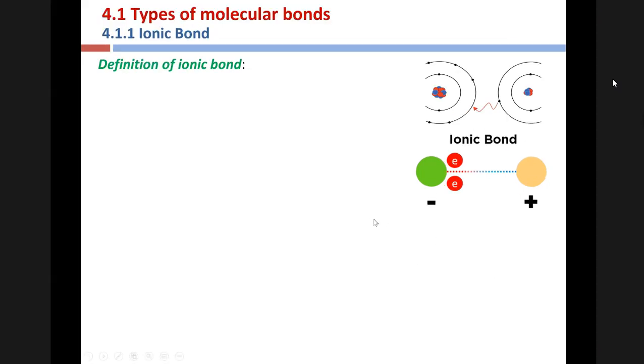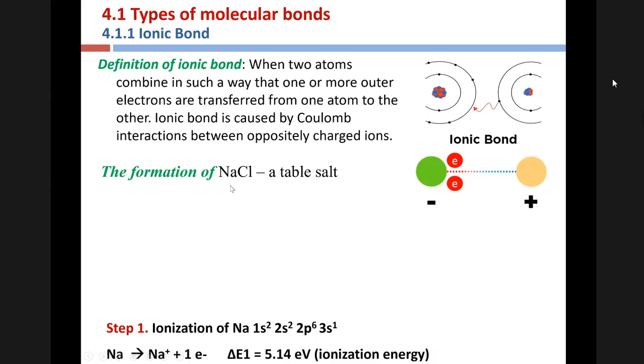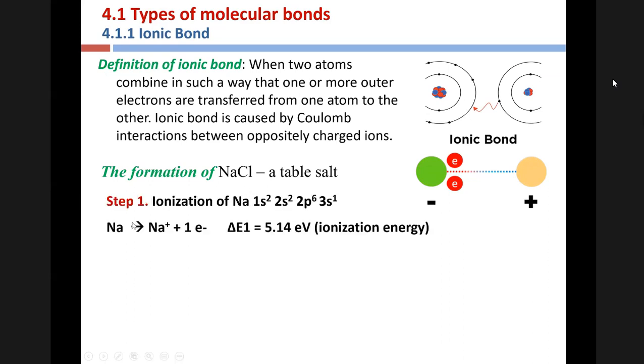Firstly, the formation of sodium chloride. The first step, you need to ionize the two atoms. First is to ionize sodium, because sodium has one electron in the outermost shell.